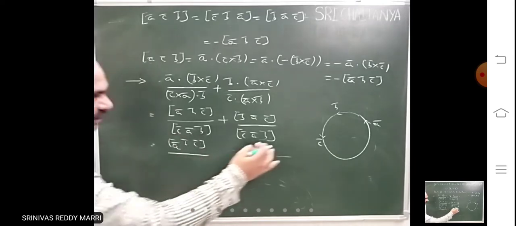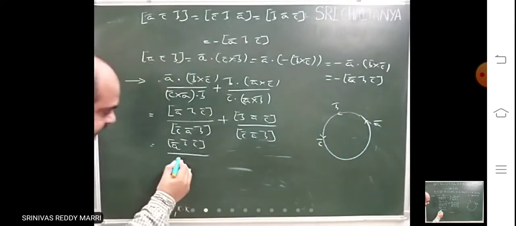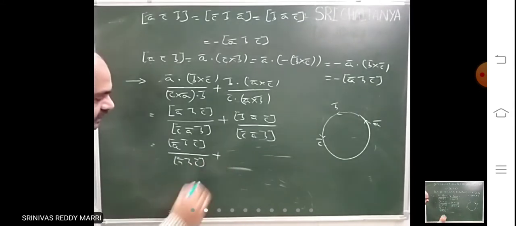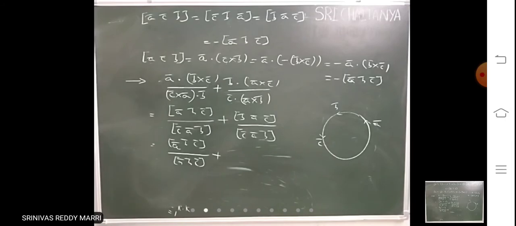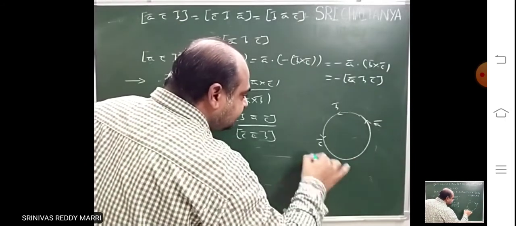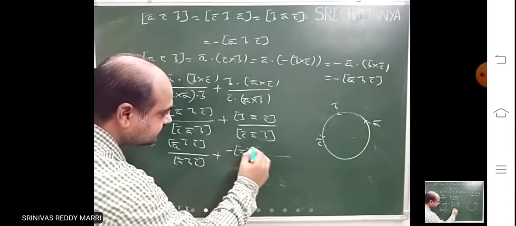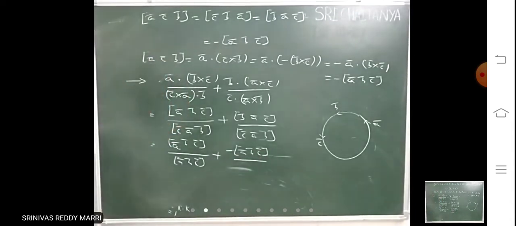CAB is nothing but the box of A bar, B bar, C bar. And BAC is nothing but minus the box of A bar, B bar, C bar.